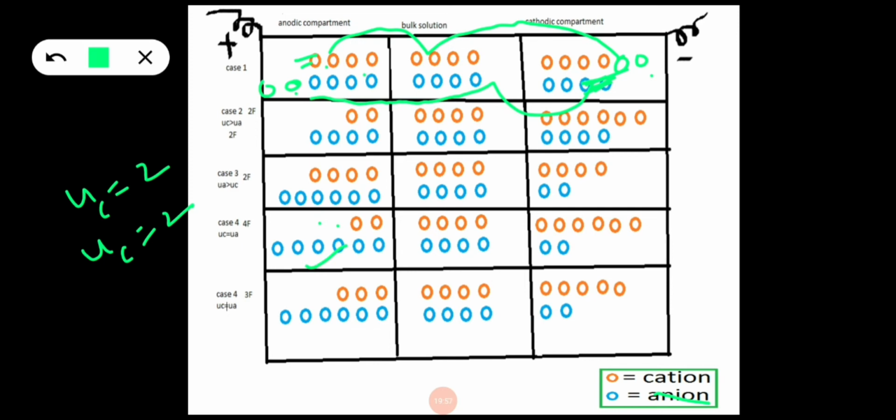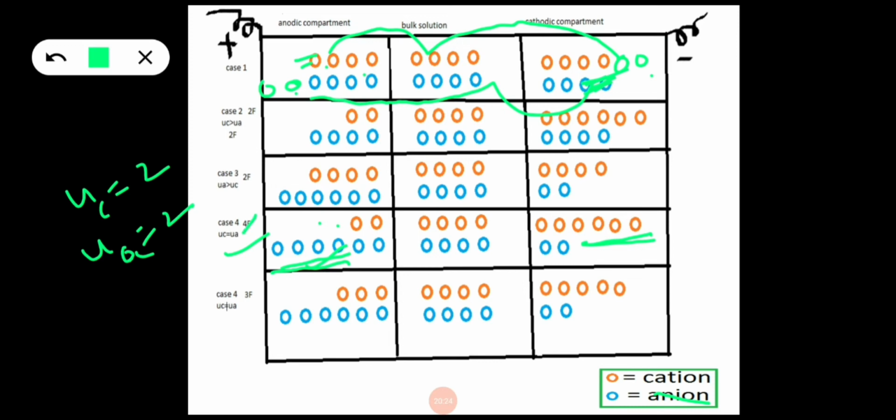So the concentration after electrolysis will be like this. So the number of ions deposited at the electrodes is, let us see, 4 ions will be deposited here. Here also 4 ions will be deposited. Let us suppose 4 Faraday of current is passed and 4 ions are getting deposited. So the speed of cation and anion is the same, and the number of equivalents deposited is also the same.